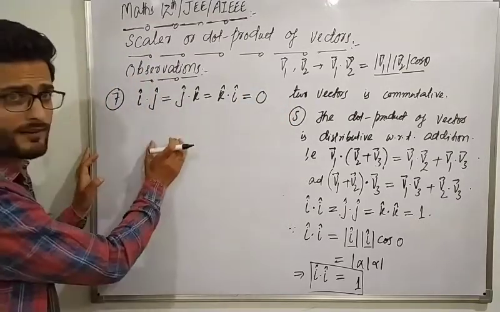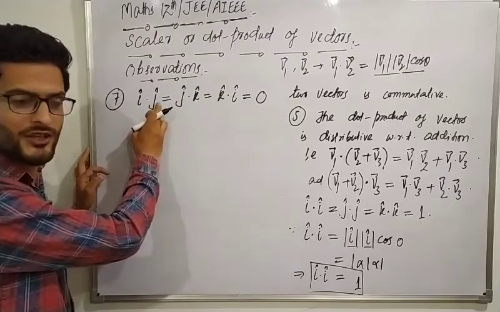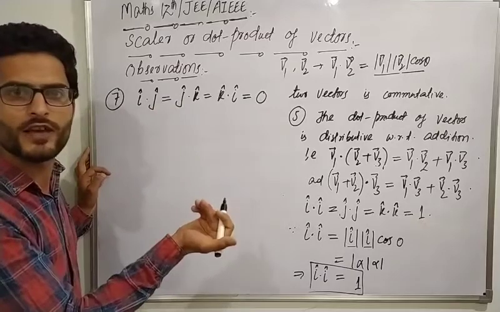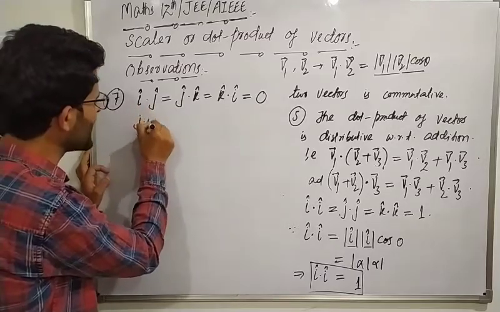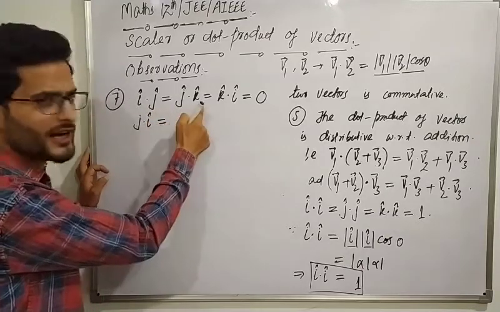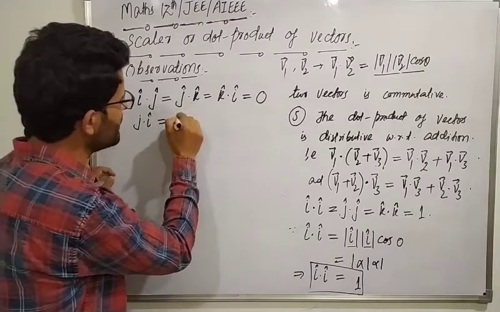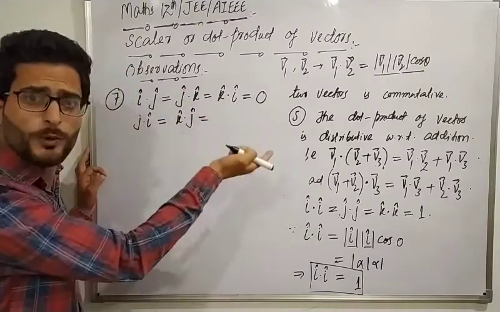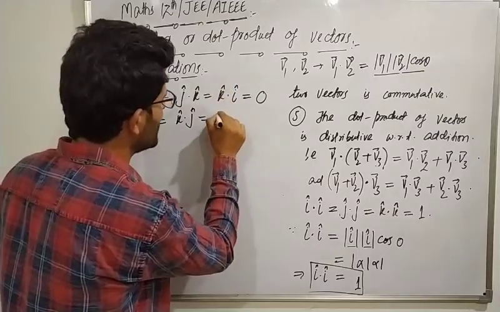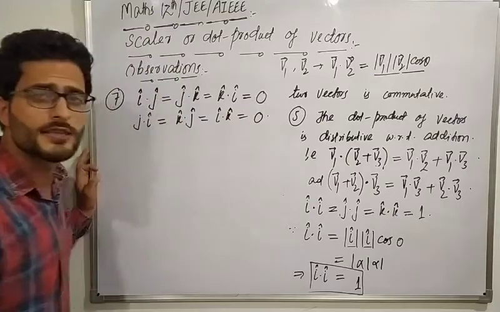And in the similar fashion we can say that since i dot j, that is the dot product of two vectors, and the dot product of two vectors is obviously commutative, so instead of i dot j we can write j dot i must be equal to j dot k. Dot product of vectors is again commutative, so instead of j dot k we can write k dot j, and that's equal to k dot i, again commutative, so instead of k dot i we can write i dot k, और ये भी होगा किसके बराबर, 0 के बराबर.